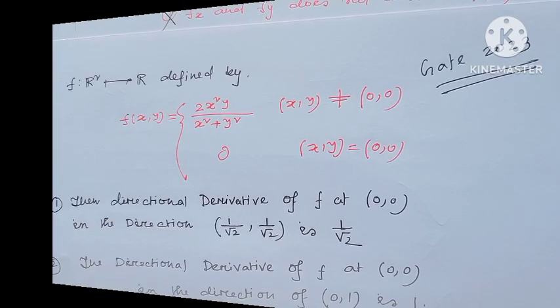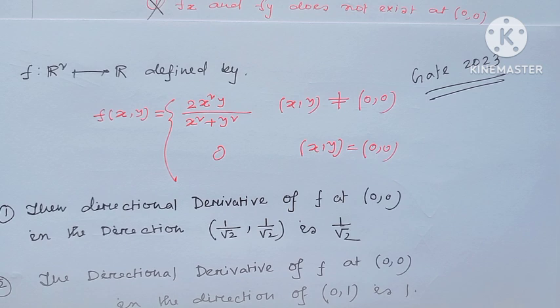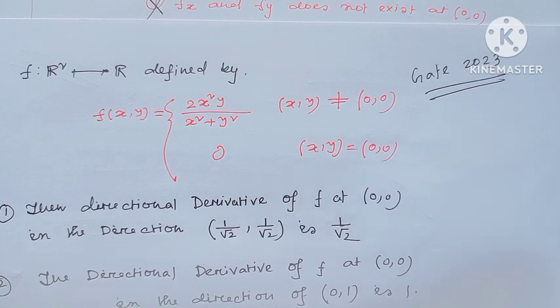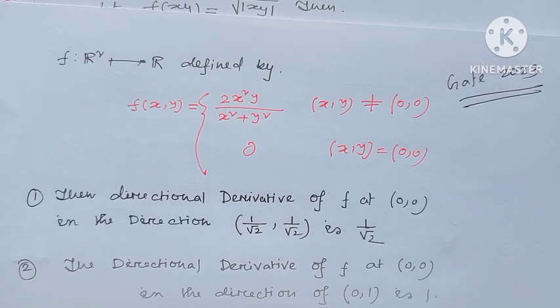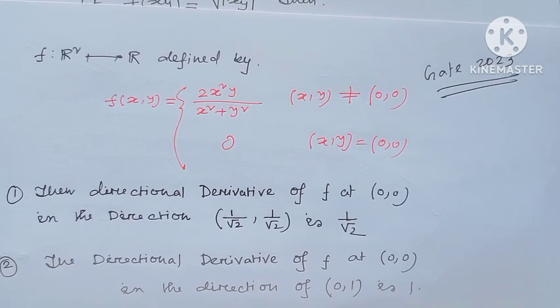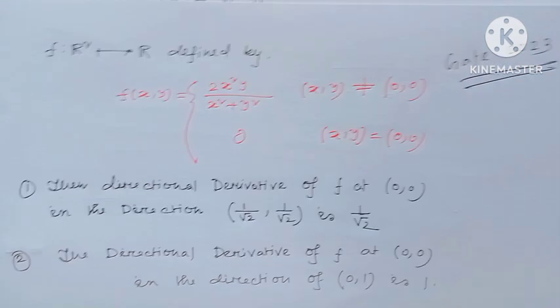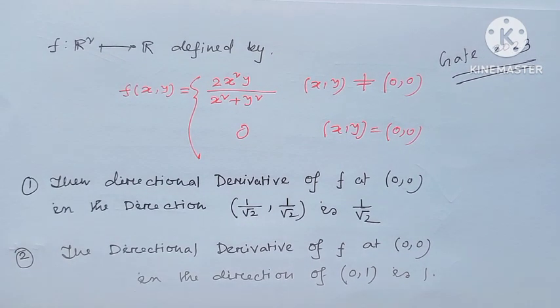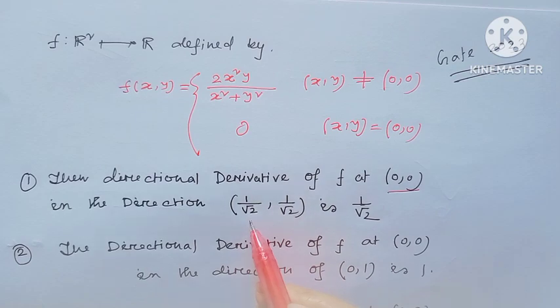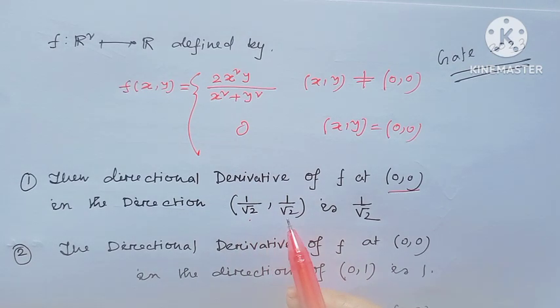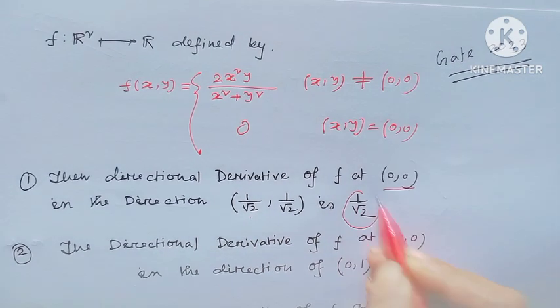Okay, this question came in the GATE 2023 exam. The question is: f is defined from R2 to R by f of xy equal to 2x square y divided by x square plus y square when xy is not equal to 0, 0, and 0 when xy equals 0, 0. Option 1, the directional derivative of the function f at the point 0, 0 in the direction 1 over square root of 2, comma 1 over square root of 2.